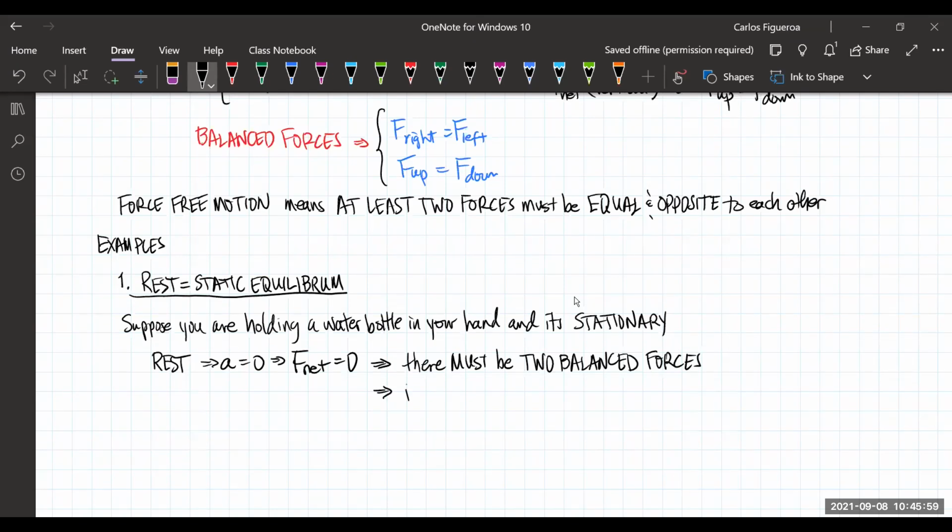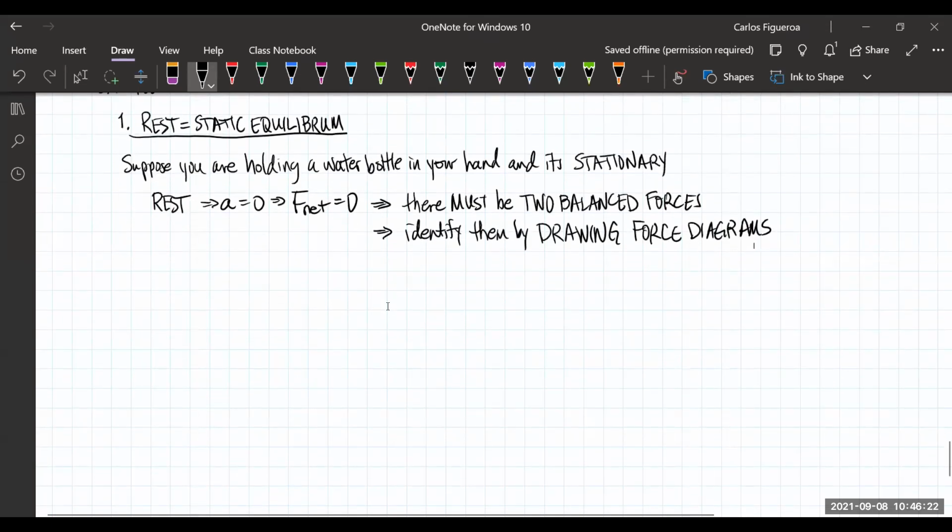We identify them by drawing force diagrams. So what do I mean by a force diagram? Let's look at the picture. Remember, you are holding a water bottle. If I try to draw my water bottle, I'm going to go something like this.